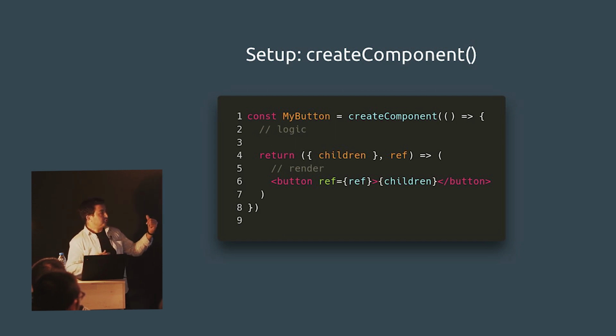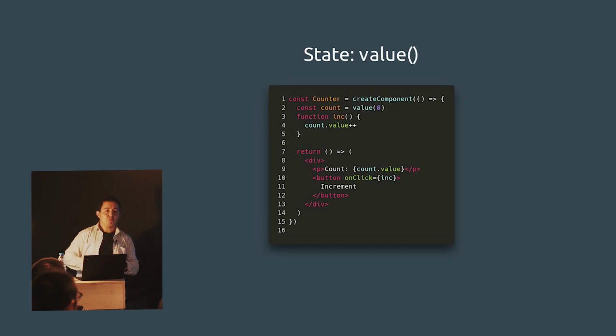This automatically gives you a nice thing, that it can handle what you do in forwardRef. So if you pass a ref to my button, you will receive it here, and you can pass it directly to your button without needing to wrap your component again with a forwardRef and all that.